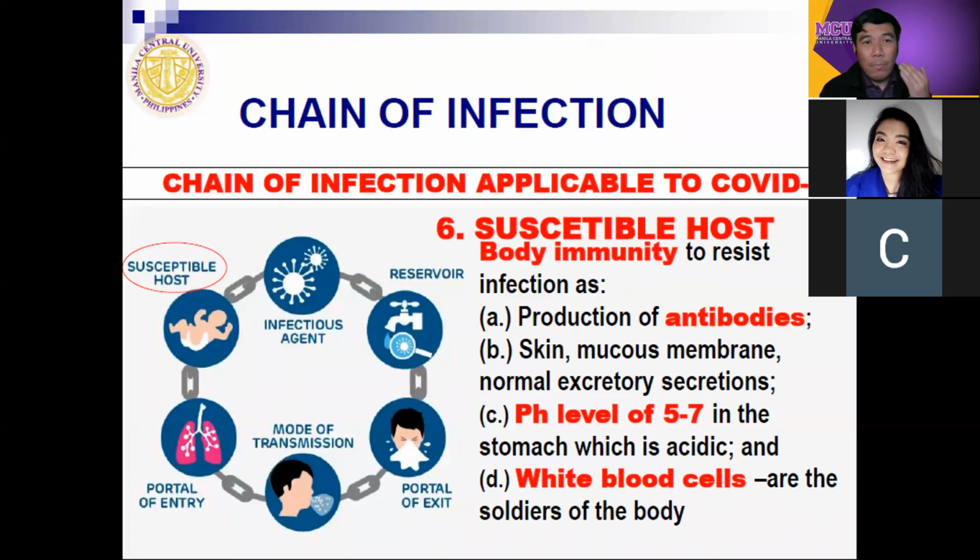Kasi let's face it, may mga secretions tayo na nasuswallow at it ends up to the stomach. Pero this could be managed kasi ang pH level ng stomach ay highly acidic and it is capable of killing the microorganisms. So next is we have the white blood cell, which is very relevant as soldiers of the body against infection.